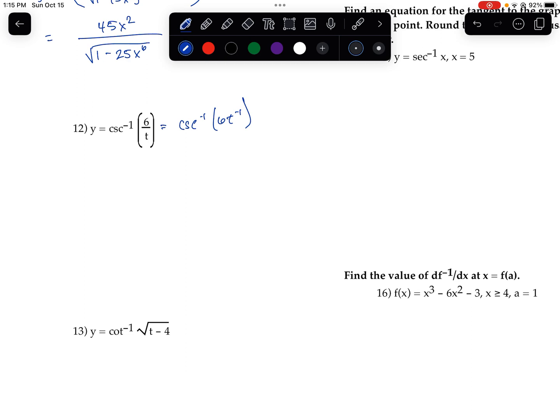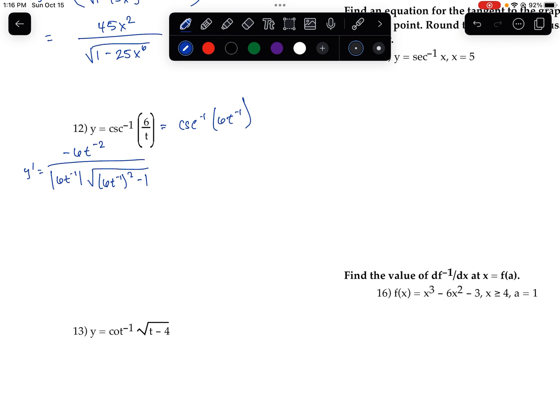So the derivative of arc cosecant, y prime will be equal to, on the denominator we'll have the absolute value of 6t to the negative 1 times the square root of 6t to the negative 1 squared minus 1. In the numerator will be the derivative of the inside because of the chain rule. So it's going to be negative 6t to the negative 2.